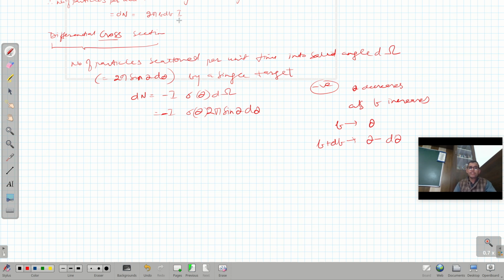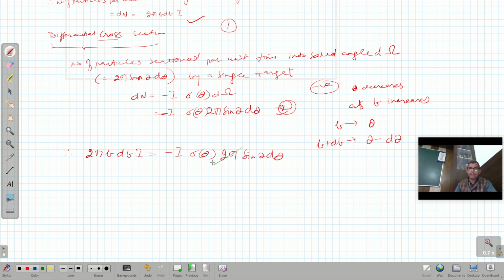These two quantities represent the same number of particles, both talk about the same thing. So from equations 1 and 2 I can equate them. Therefore one can write 2 pi b db I is equal to minus I sigma theta 2 pi sine theta d theta.